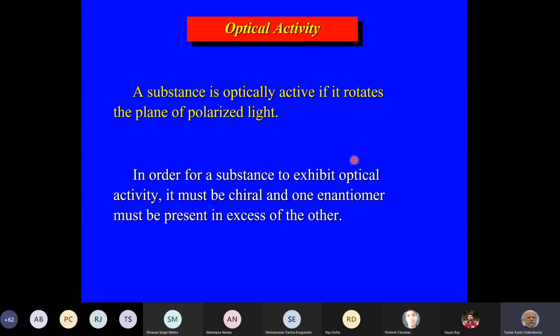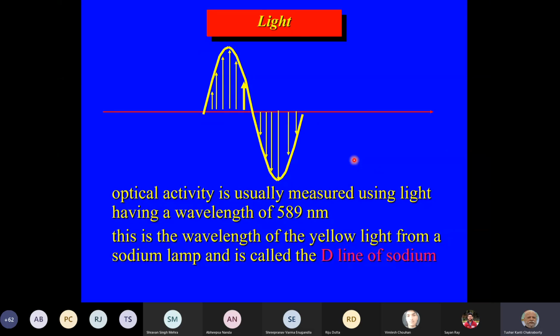Specific rotation is a very old concept, and people were able to measure it, and that's how Pasteur was able to separate those two chiral molecules of the tartrate salt, and he could find out one of them is dextrorotatory and the other is levorotatory, and they are two different enantiomers of the same molecule.